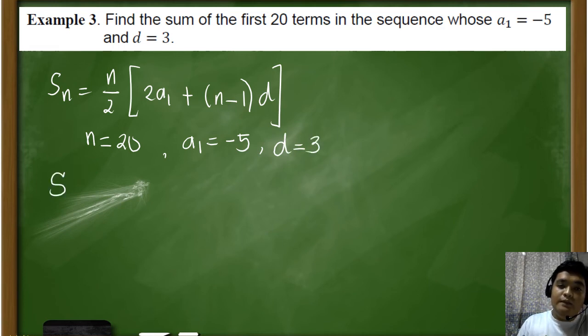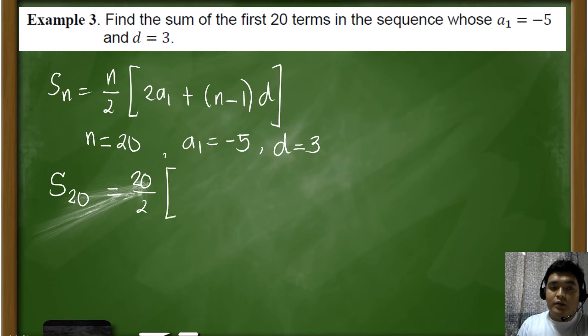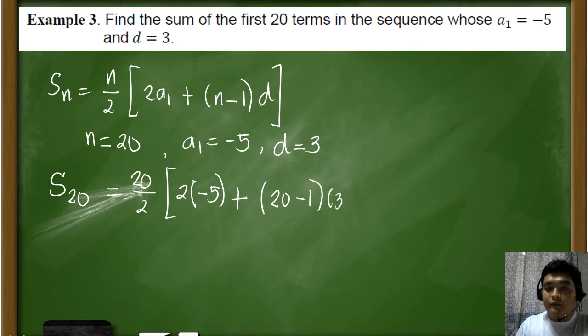So S sub 20. Very good. n is 20 over 2. So we substitute: 2 times a sub 1, which is negative 5, plus the quantity n, which is 20, minus 1, times 3. What is 20 over 2?